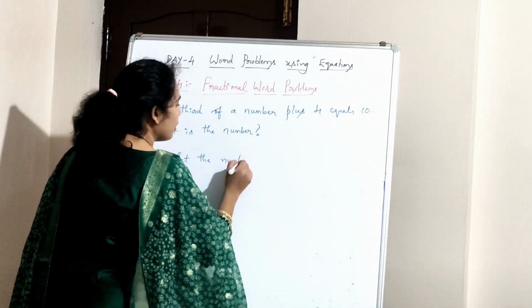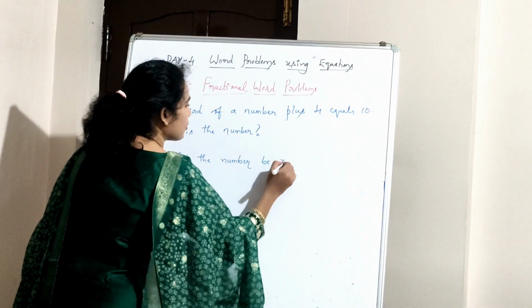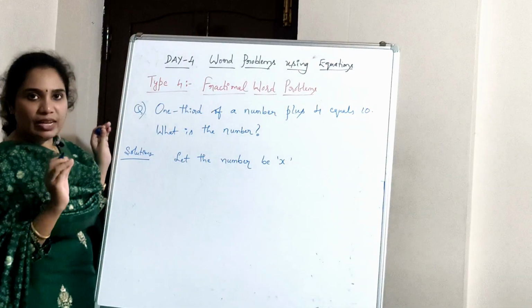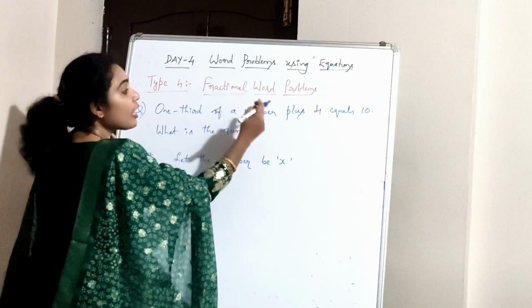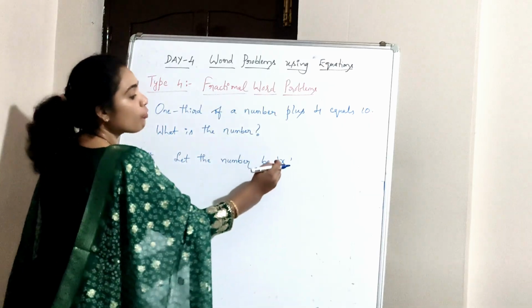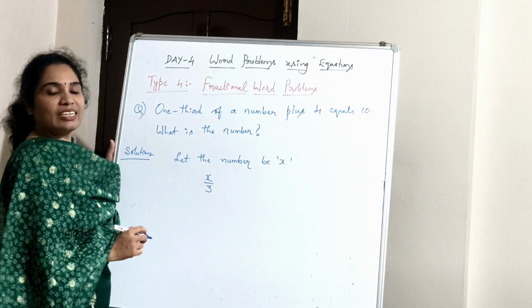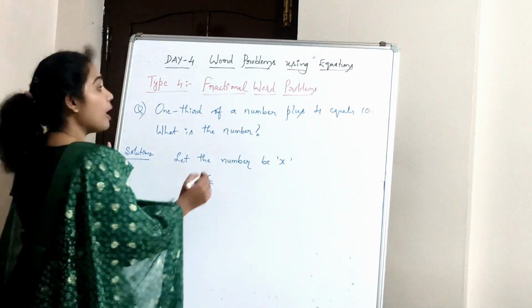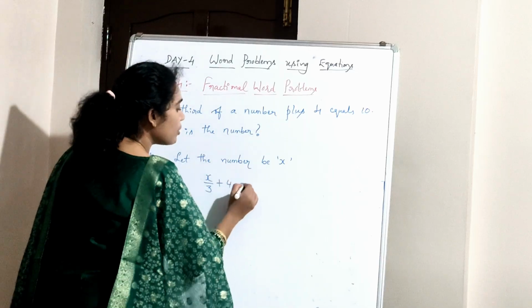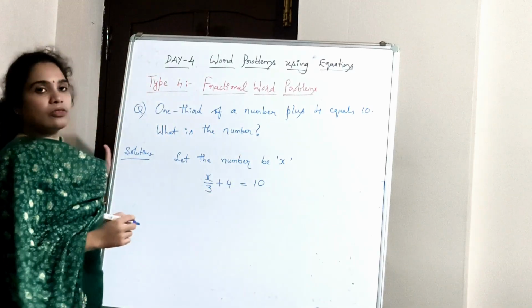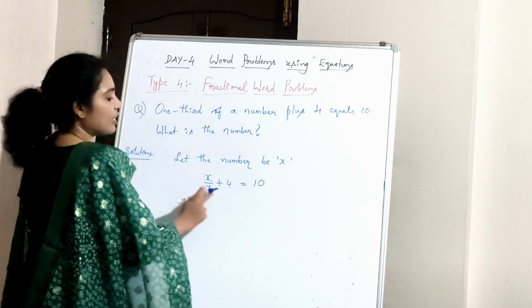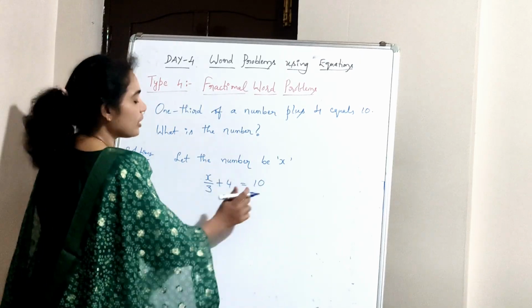As per the given data, 1/3 of that number, 1/3 of x, will be x by 3, plus 4 equals 10. So now we set the equation: x by 3 plus 4 is equal to 10.